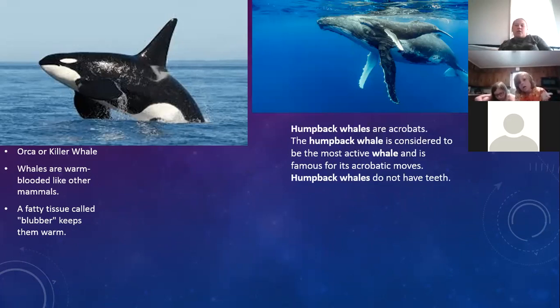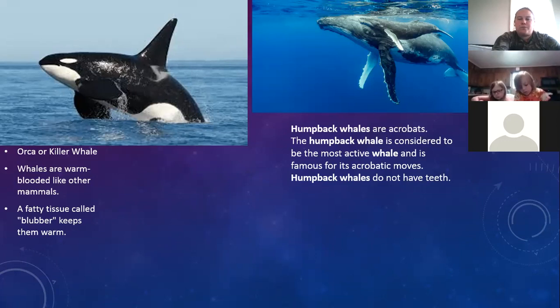The humpback whale is considered to be the most active whale and is famous for its acrobatic moves. Humpback whales do not have teeth. Did you know that? Instead of chewing, they open their mouth for whatever goes in there, and then they swallow it.